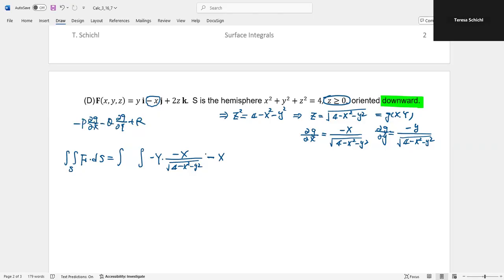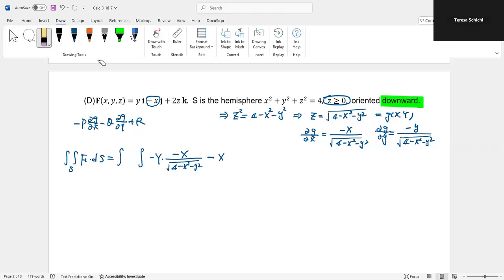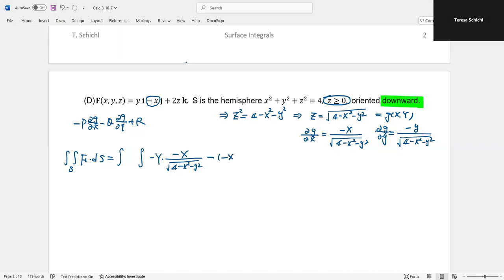Okay, let's do this. Q is negative x, so minus x, right? So minus Q is equal to the negative x here. All right, and then plus times here times the ∂g/∂y.